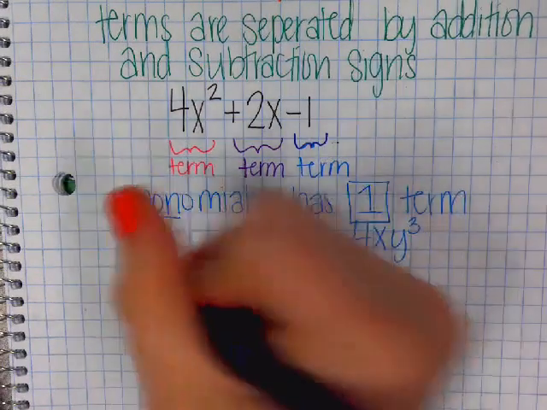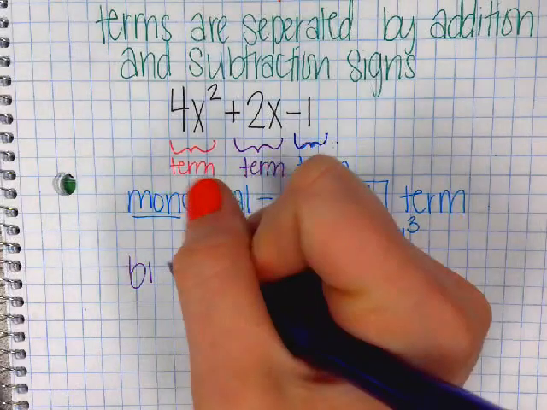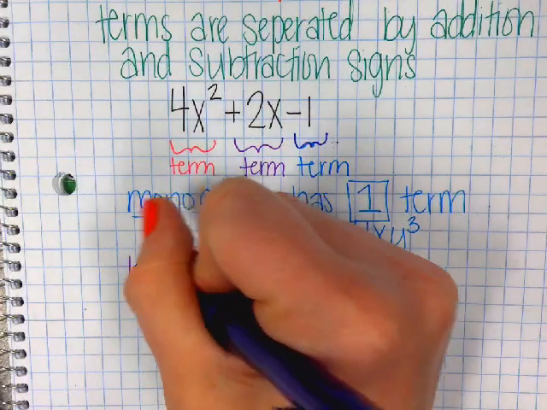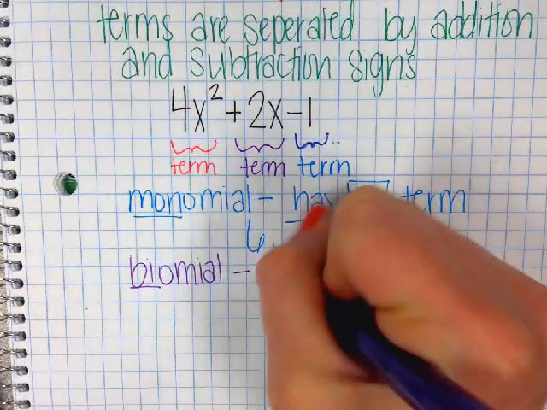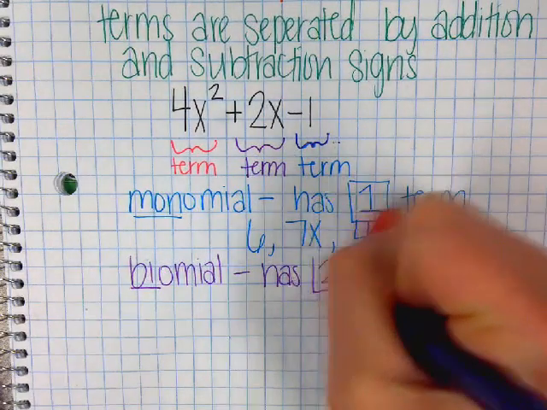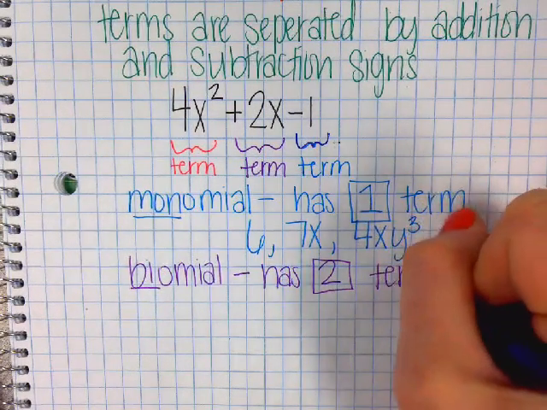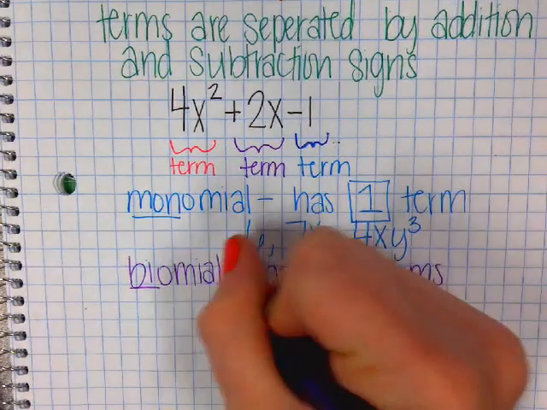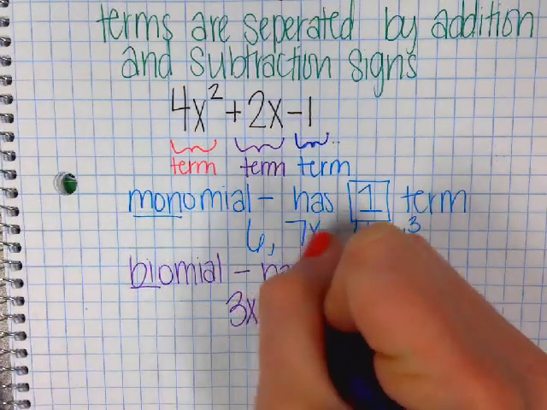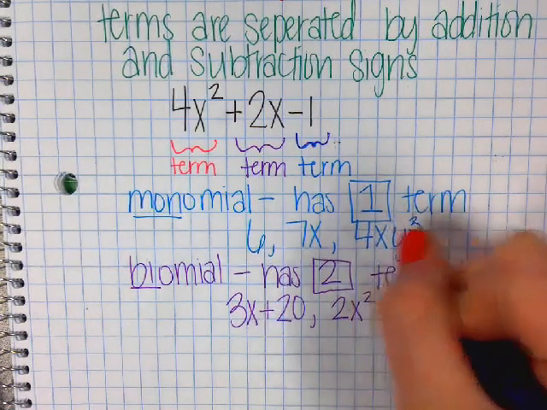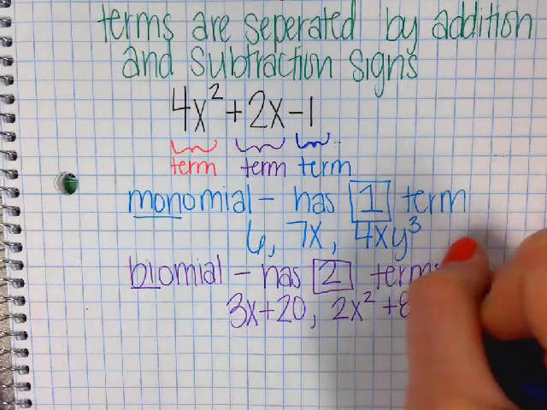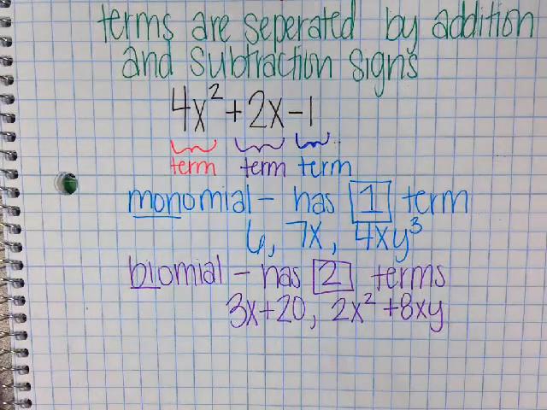All right, then you have binomials. Think about a bicycle. A binomial has 2 terms, 3x plus 20, 2x squared plus 8xy.